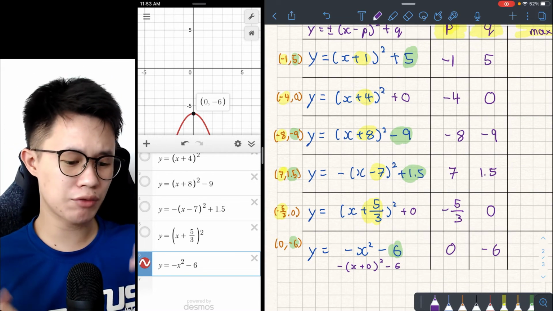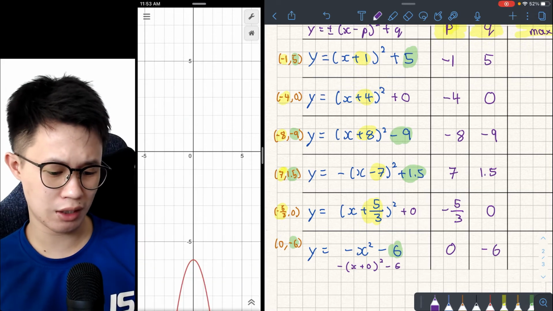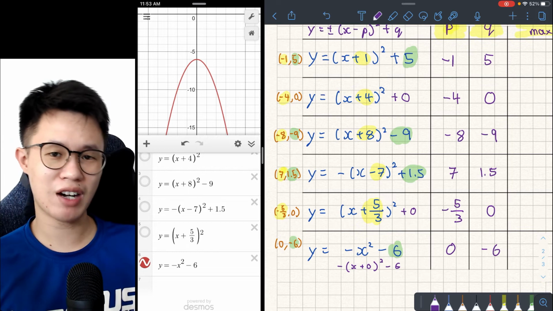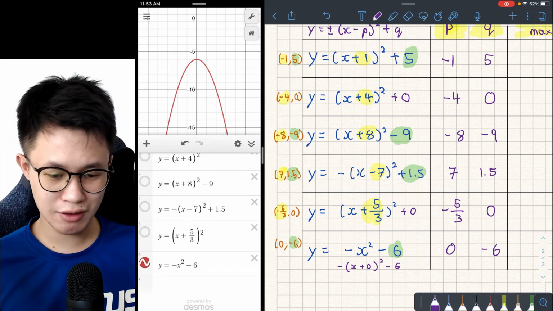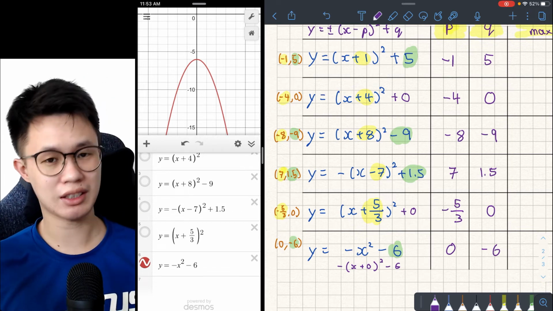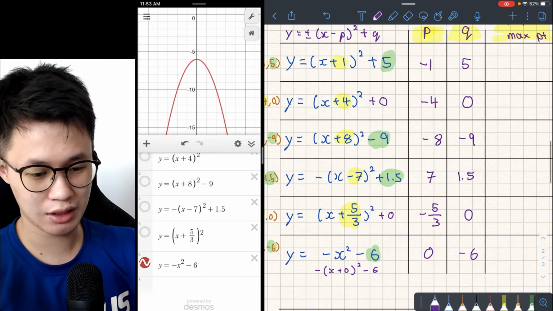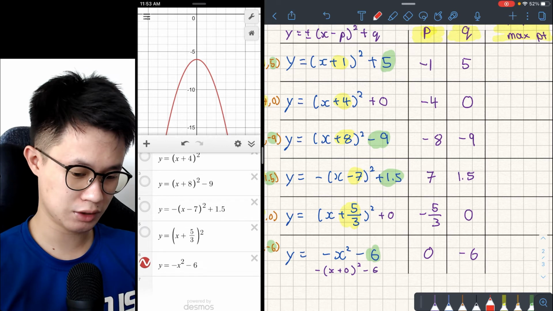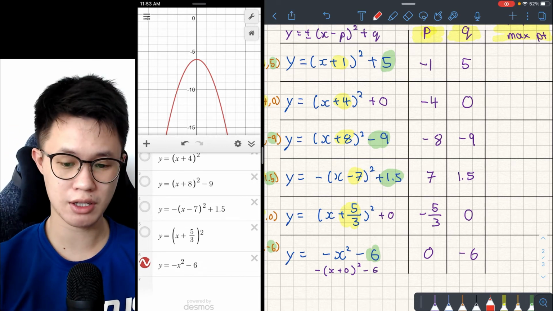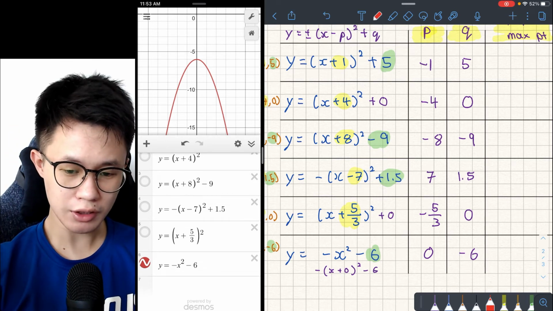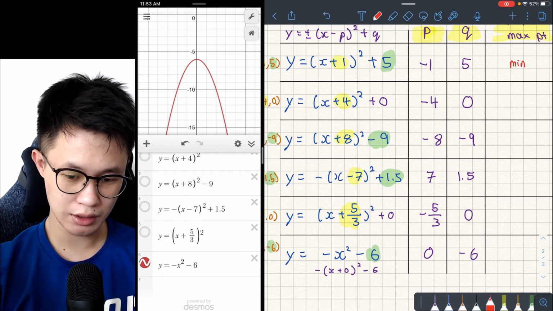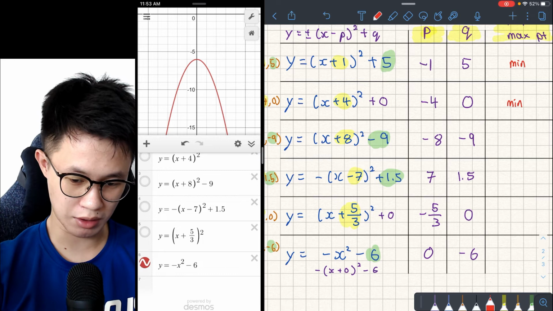So whenever we give you such equations, you don't have to plot the graph and do so many steps to find the turning point. You can find the turning point just like that. It's a pretty interesting shortcut to figure out turning points of quadratic equations. Of course, this is a minimum because there's no negative in front. This is also minimum, and this is also minimum.